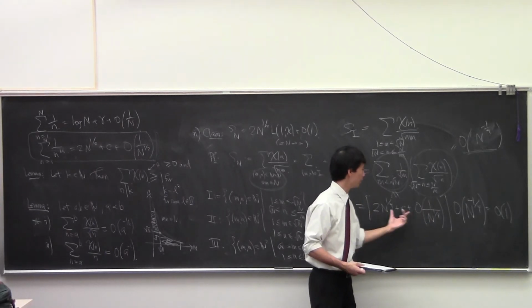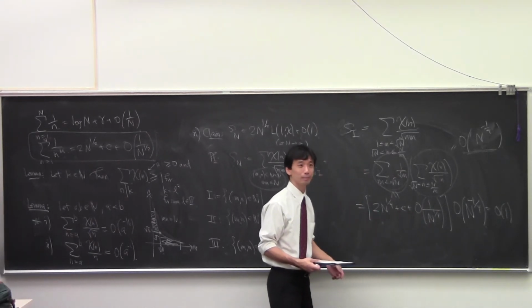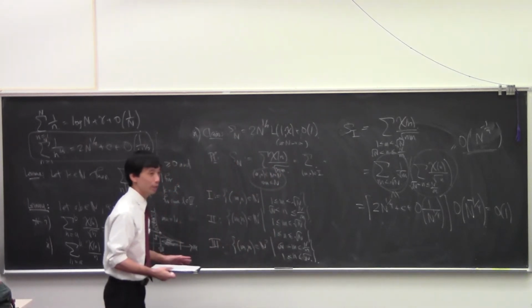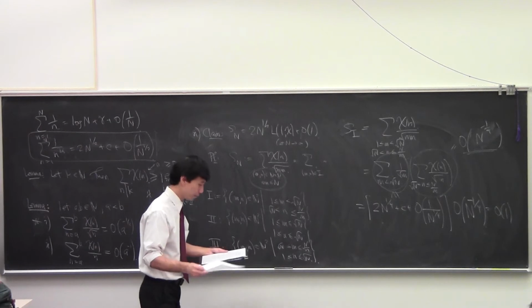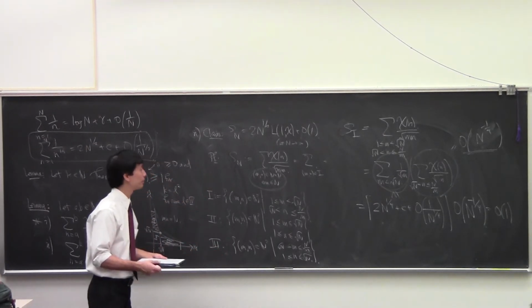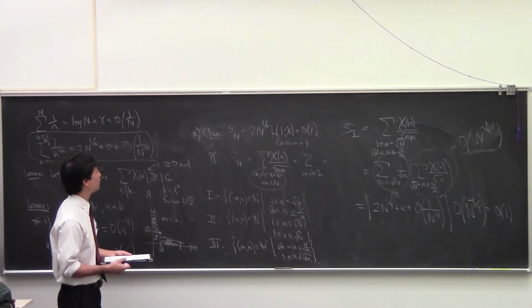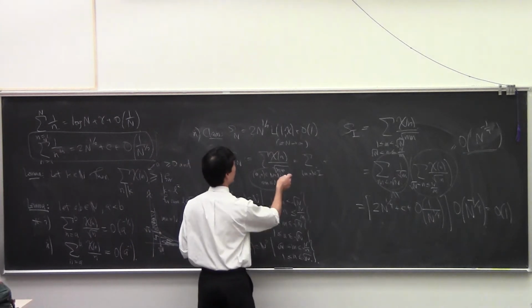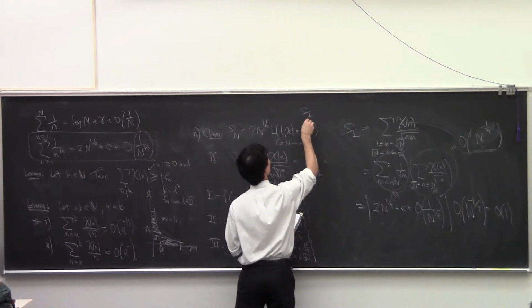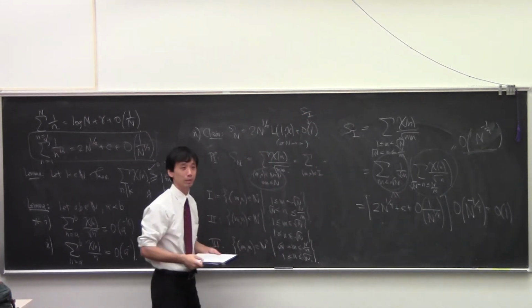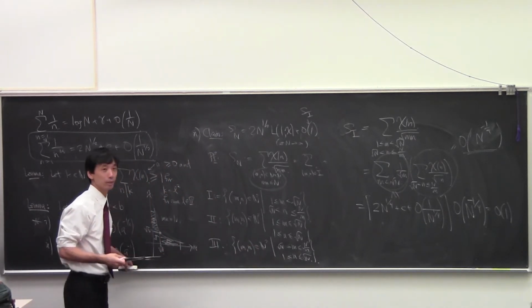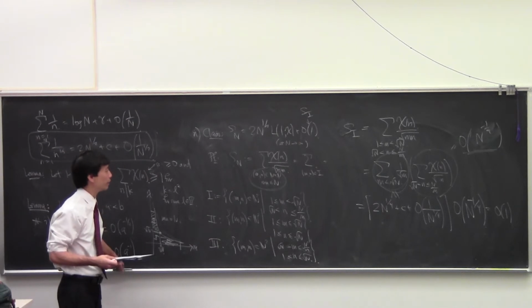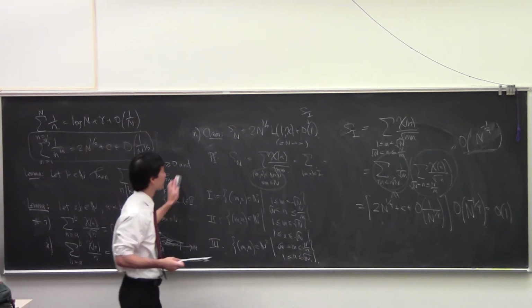So the whole thing is on the order of a constant. The first part we don't have to worry about, so S1 becomes part of this constant. And now we have to deal with S2 and S3 and see where the L function turns up.